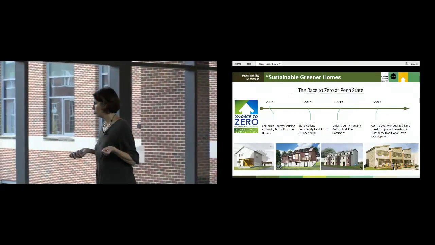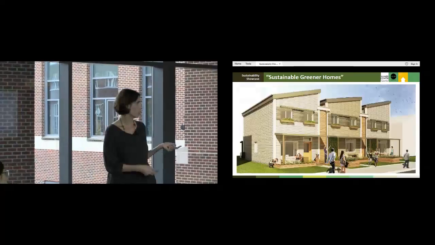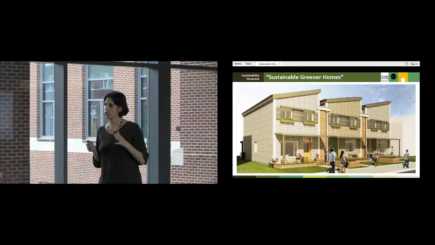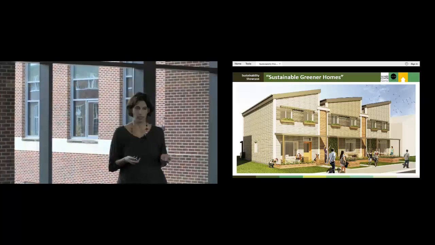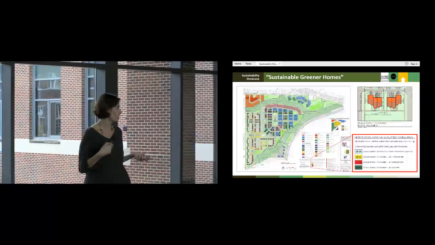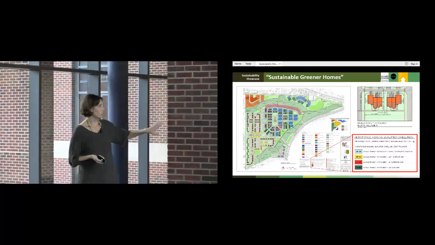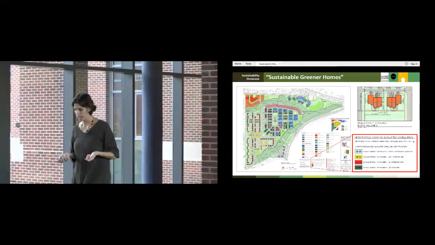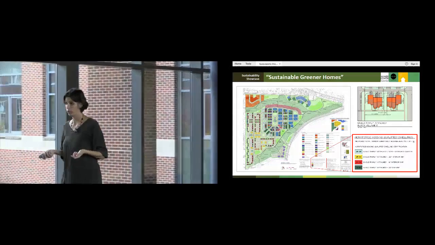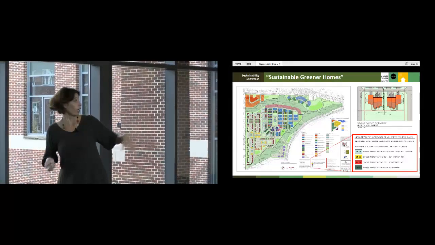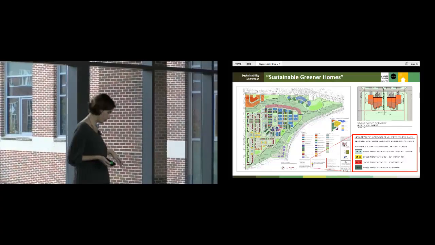So the group partnered with Ferguson Township in order to look at some connected homes on a phased development happening in Ferguson Township, on a site that was formerly known as the Circleville Farm. It was a university-owned farm just outside of town here.